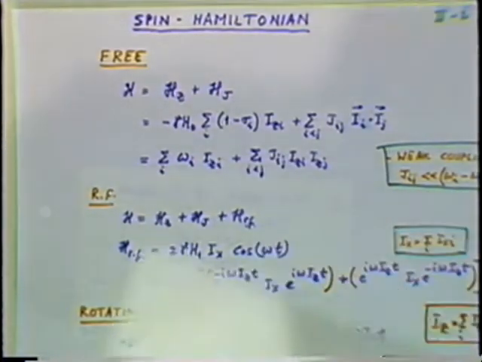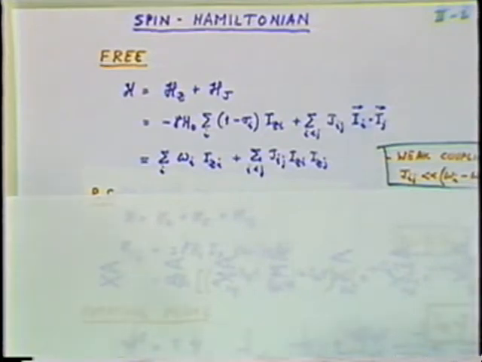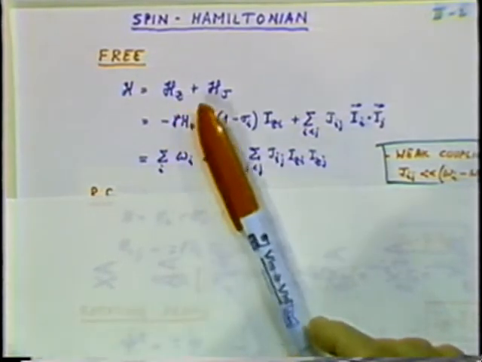The spin Hamiltonian in NMR, and high resolution NMR of liquids, basically consists of two terms, the Zeeman term and the spin-spin coupling term.